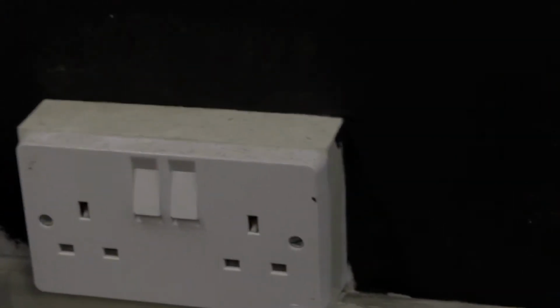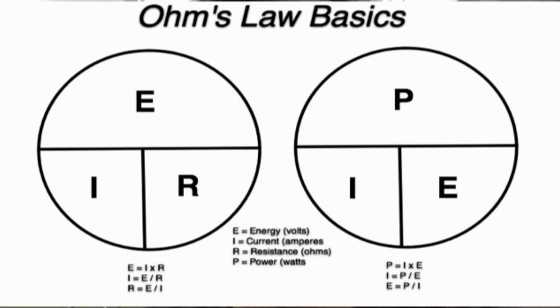But if we assume that 13 amp is just the one right here, that means that you can probably attach close to 3000 watts, 2960 watts I think, on one of those sockets, which you need to calculate. And if you don't know how to calculate, don't do the light thing. Get somebody else that understands how.